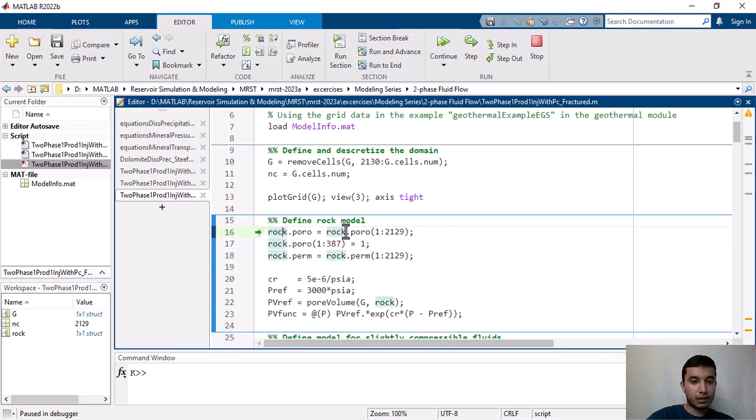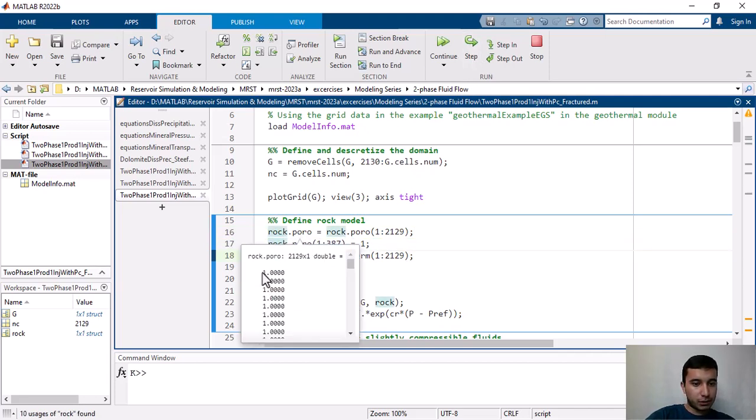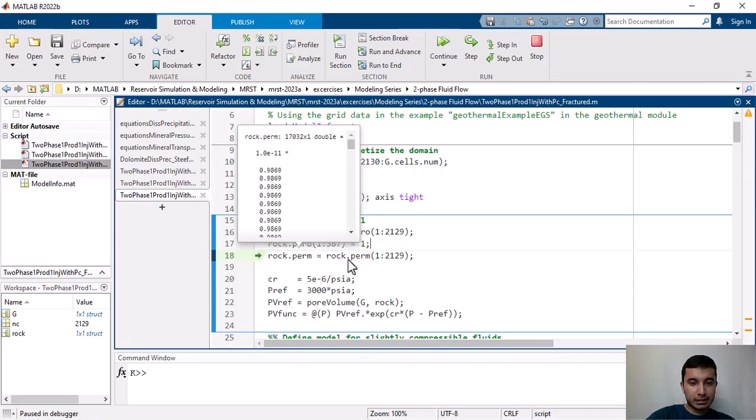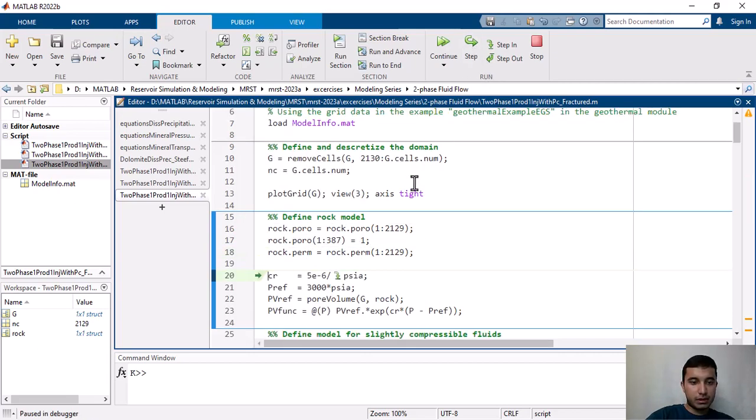The porosity for each cell is here, and as you see, the porosities of these cells are 1, which represent the fractures, and these are the permeabilities of the cells.